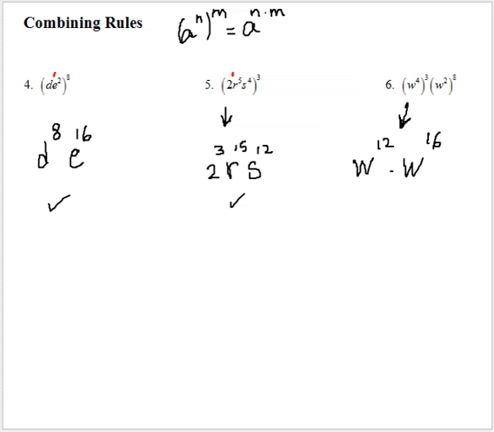And now we have to add these, right? We can use any variables we want. The bases are the same, so we add the exponents. That would be w to the power of what? 12 plus 16 would be w to the power of 28. Very good. Okay, rounds up okay for number 6, please.